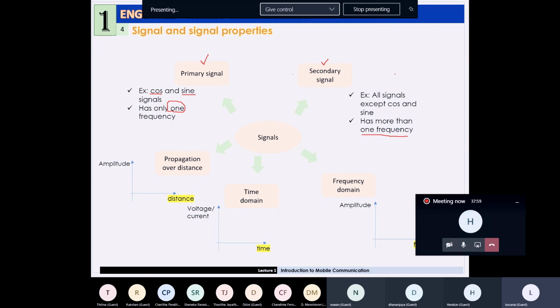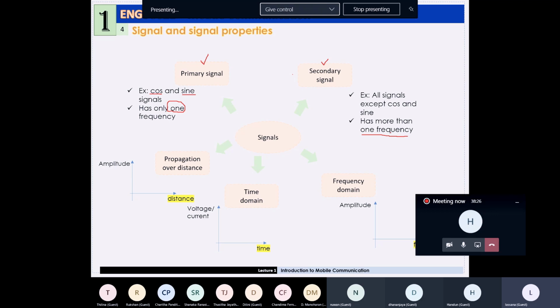Primary means a signal that has only one frequency. Secondary means a signal that has more than one frequency. That's the simple definition that can be quoted for primary and secondary. If someone asks what are the examples for primary signals, you can say cos signal and sine signal.